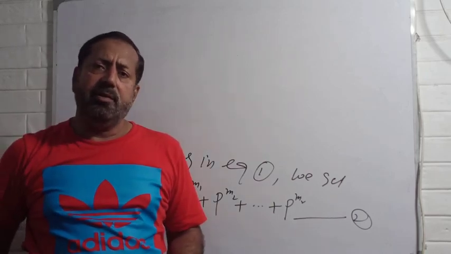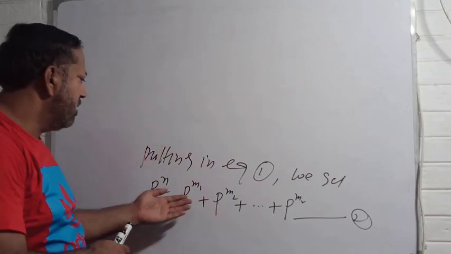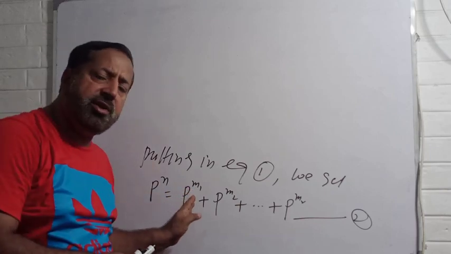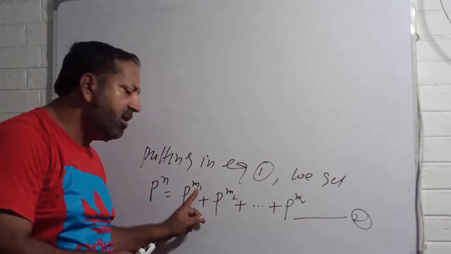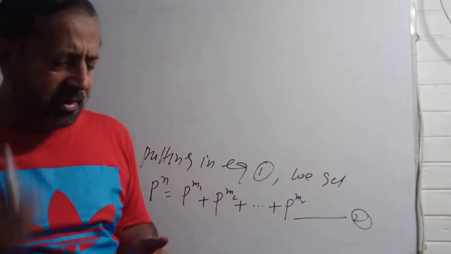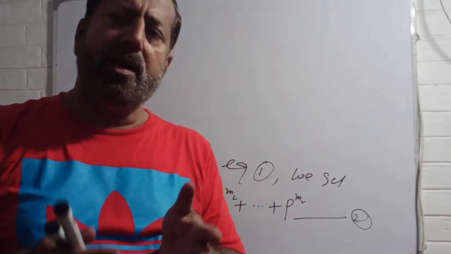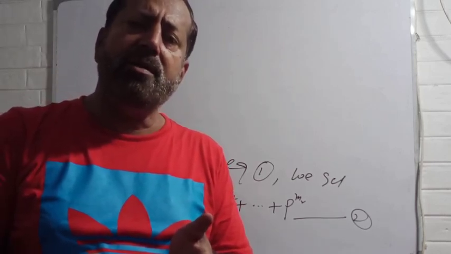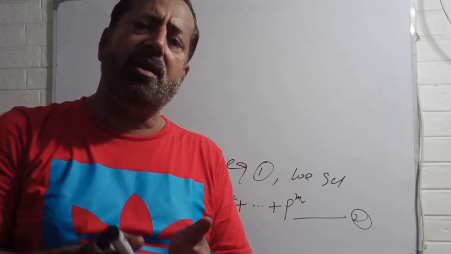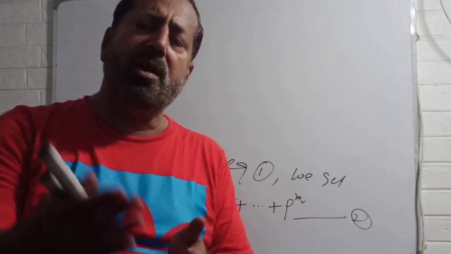Also, we know that one of the P power mi must be the identity. Suppose it is m1, because you know that the identity is the self-conjugate element. So in its class you are having no other elements.